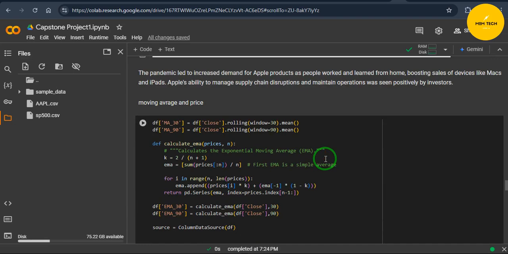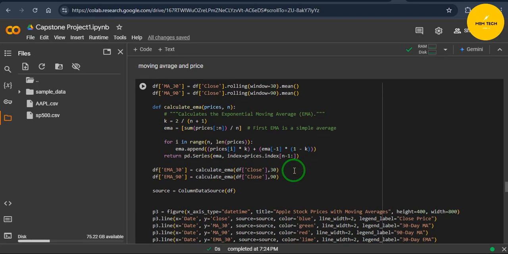And to identify long-term trends, I calculated 30-day and 90-day moving averages as well as exponential moving averages.